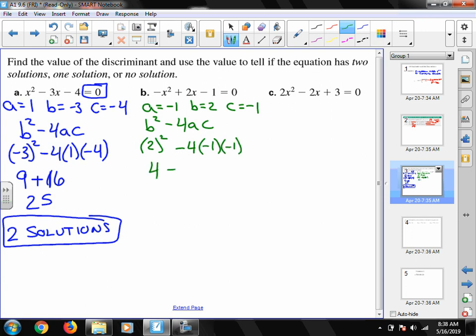So I end up with 4 minus, negative 4 times negative 1 is positive 4. So I'm going to go 4 minus 4, which is 0. And from our last slide, you would know that that would be one solution.